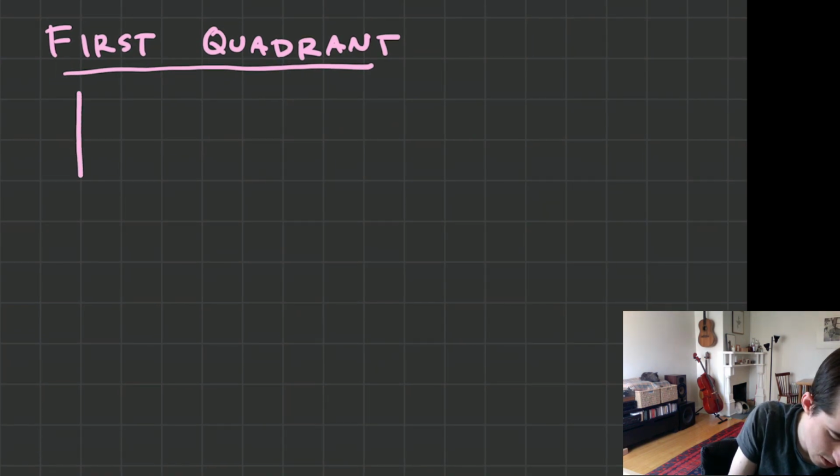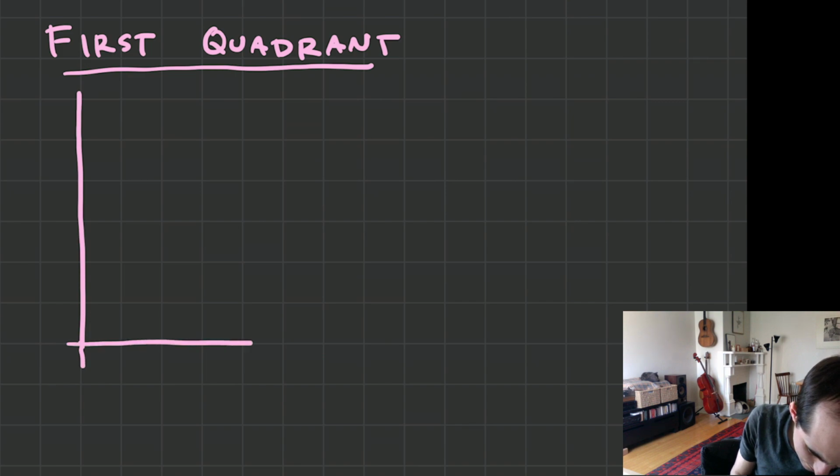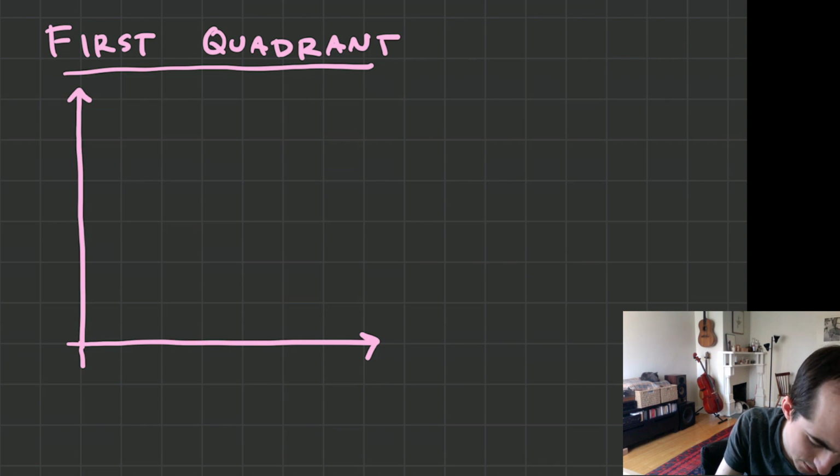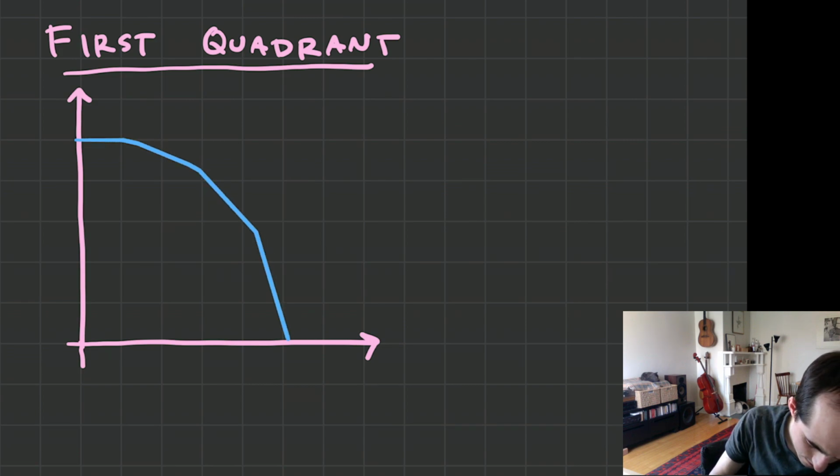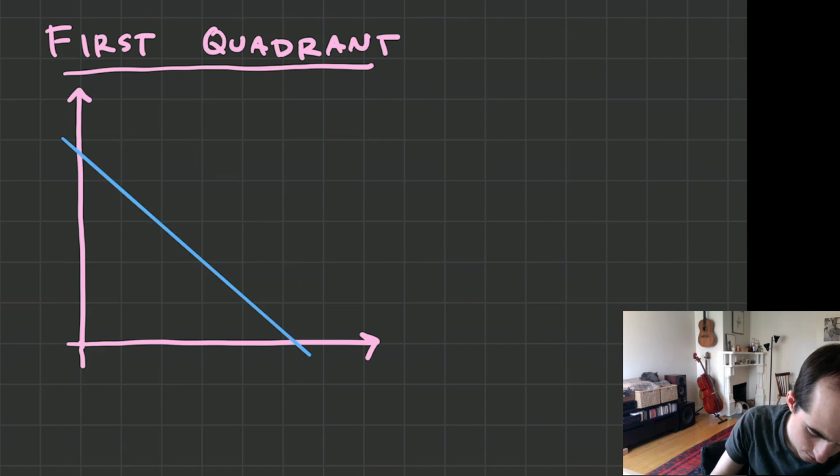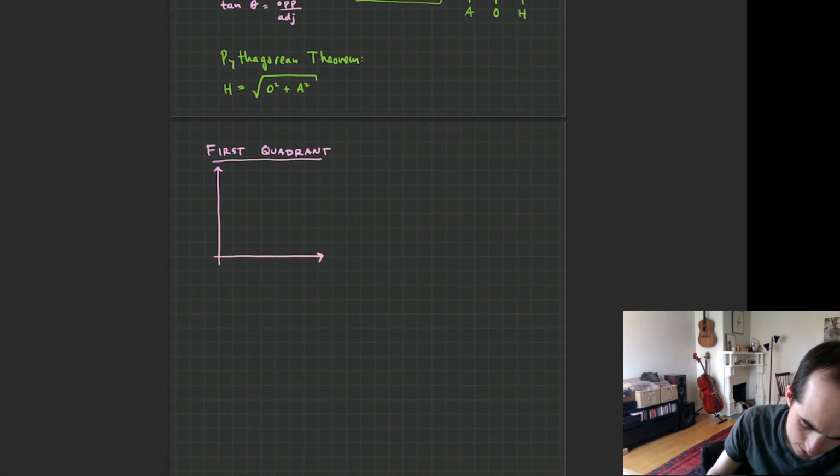I'm going to draw the X and Y axis. I wonder if the geometry tool will let me do a nice little quarter of a circle. Come on. No. Okay, what I'm going to do is quickly draw a circle.